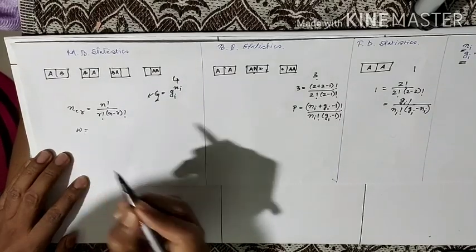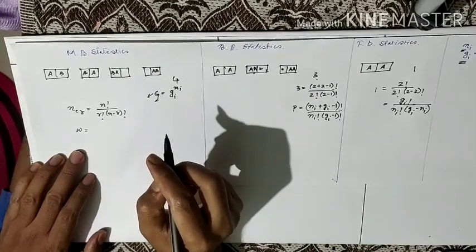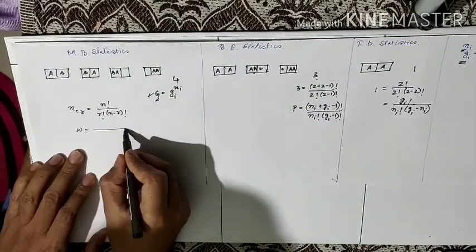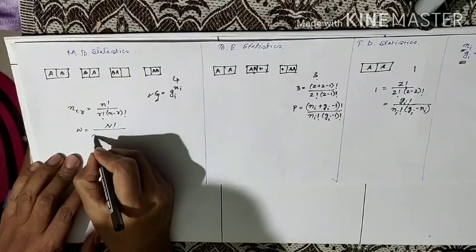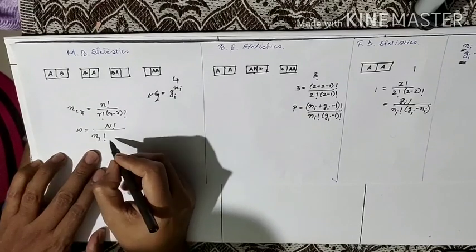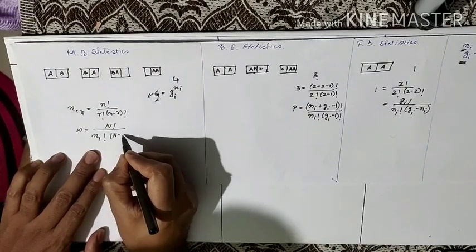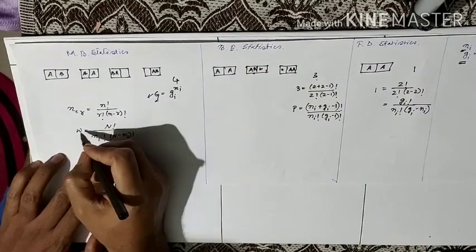That thermodynamic probability W is equal to, suppose first I place n1 particles, then using nCr I will get the total number of particles n, and then n1 is there, in r you will get n1 factorial and then (n minus n1) factorial. Okay, this will be your W1.